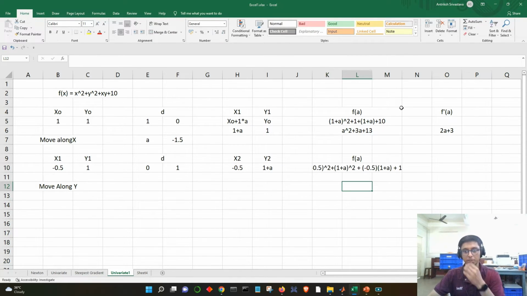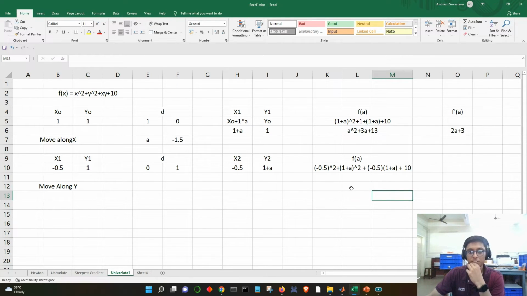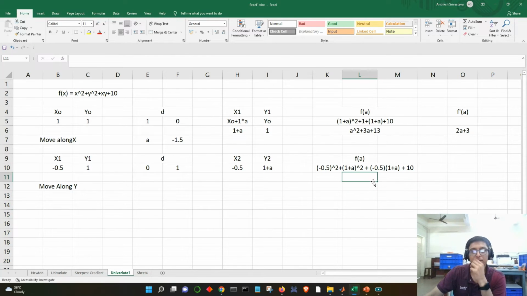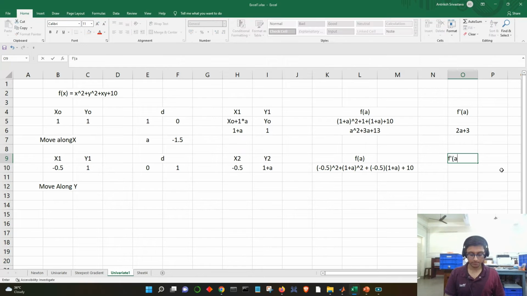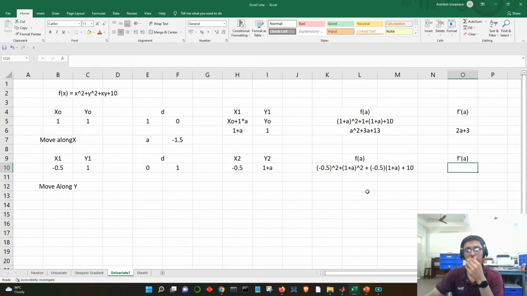This is our expression, and we have to simplify it so that we can differentiate it easily and get the value. Or maybe you can tell me directly what the value of a is for this to be minimum. You want to give it a shot?